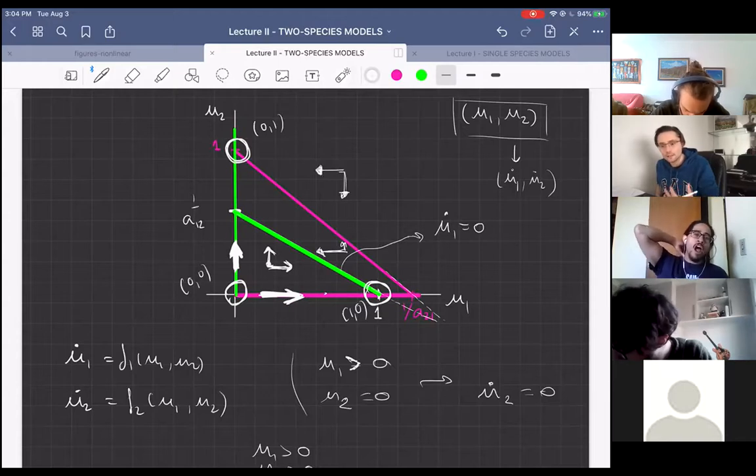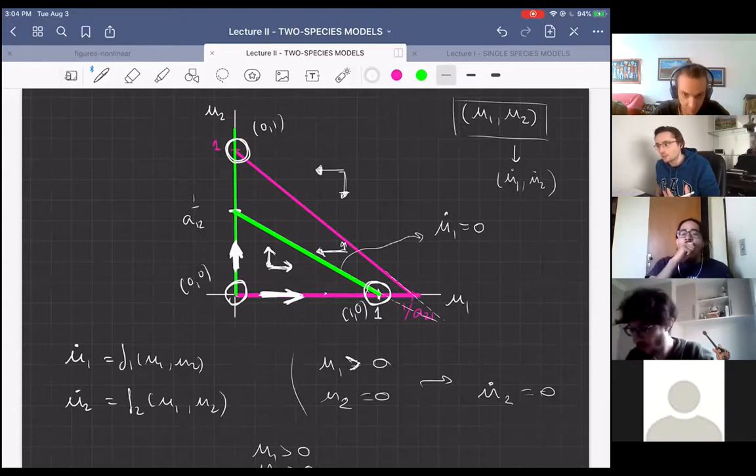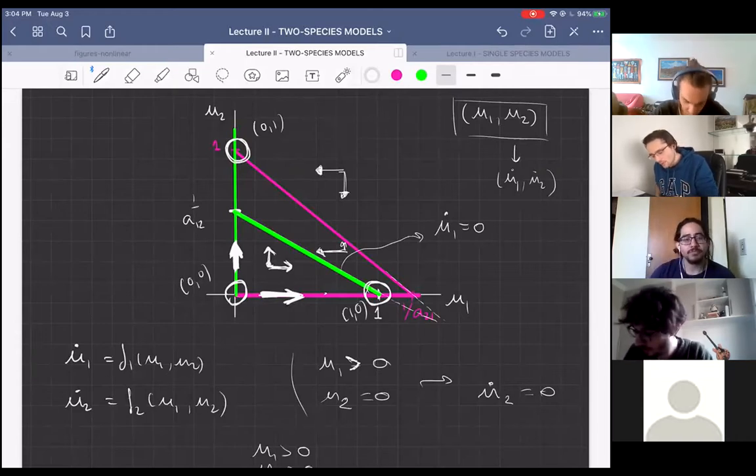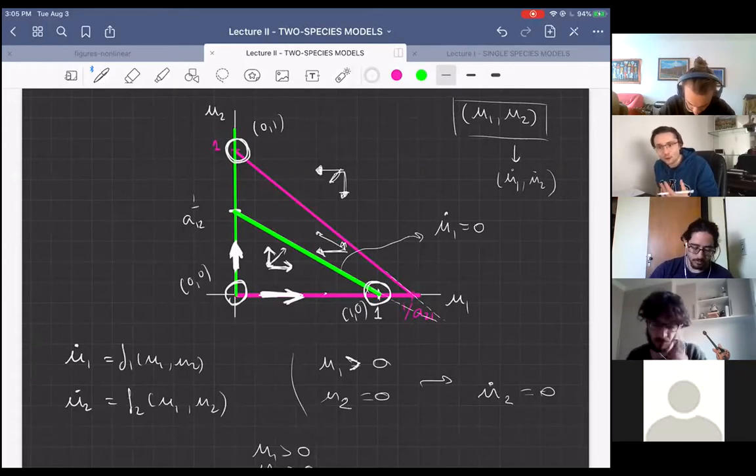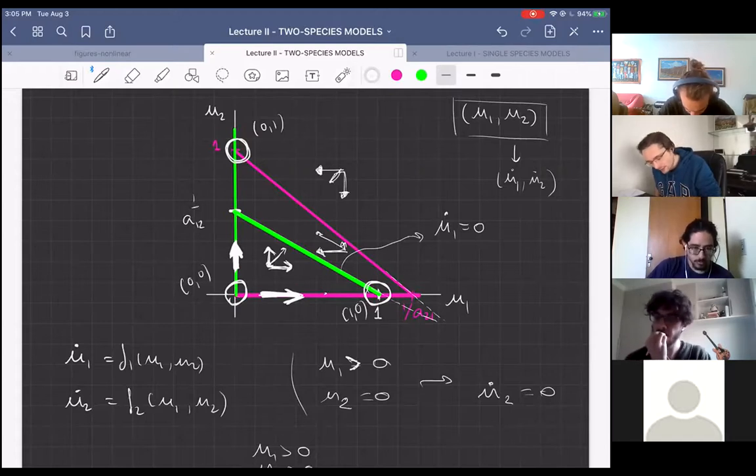So this is a way to reconstruct how U1 and U2 will change depending on where we are in the phase space. Okay, and this already tells us, with some imagination, and of course we are going to get a very approximated sketch, but we can already see that, for instance, when I am around this extinction point, I am going to leave it.